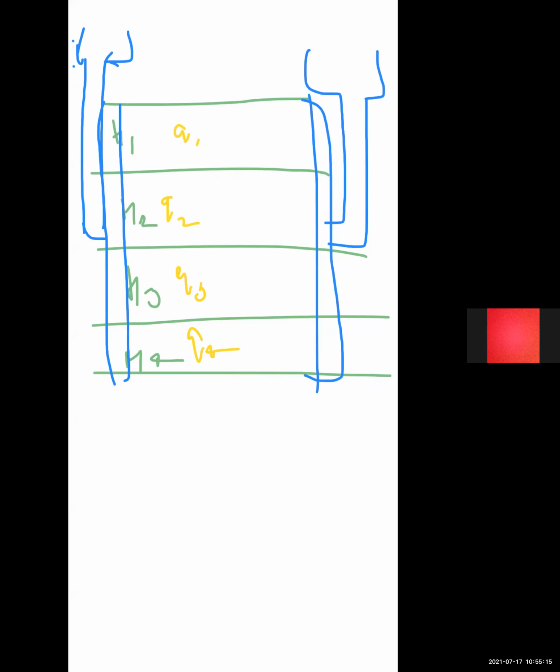Consider the soil profile as shown in this figure, that is the heights of the different layers are H1, H2, H3 and H4, and permeability is given as K1, K2, K3 and K4. Also the total discharge Q flows through these layers, that means Q equals Q1 plus Q2 plus Q3 plus Q4.